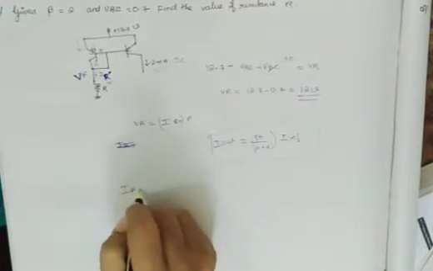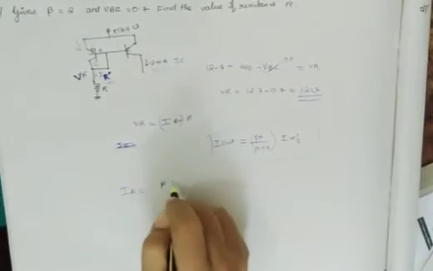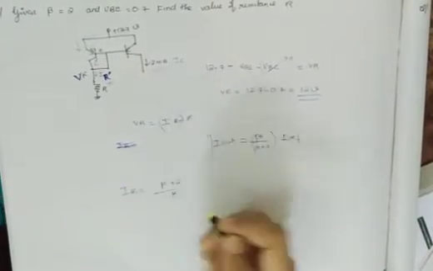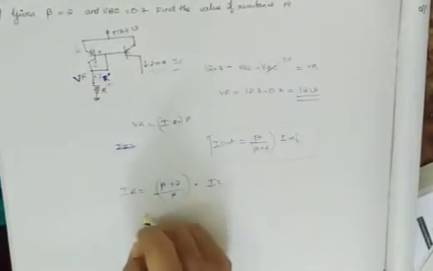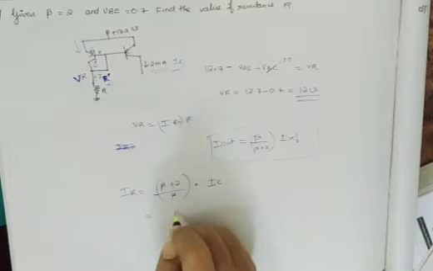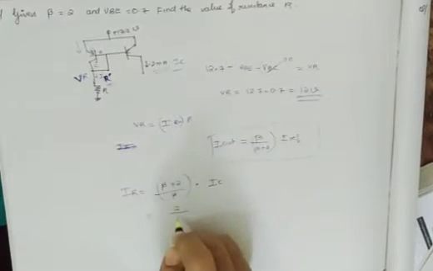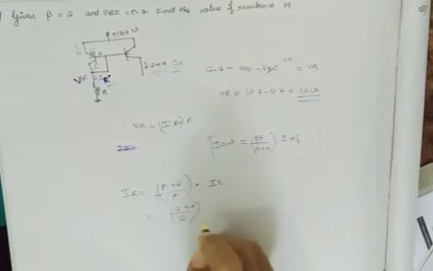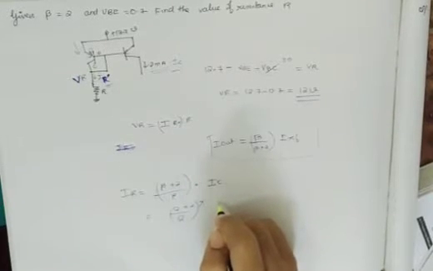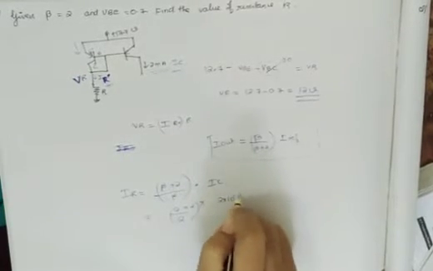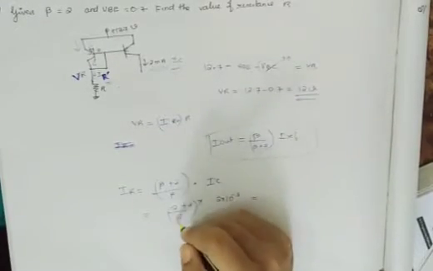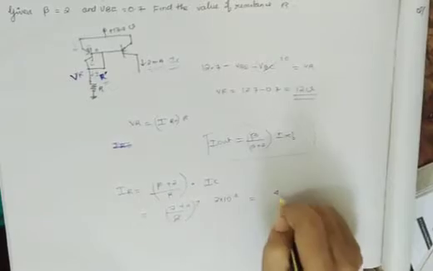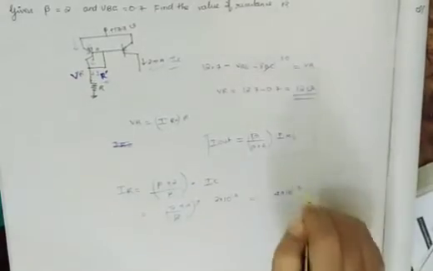So our IR equals beta plus 2 divided by beta into IC, that is our 2 milliampere. Beta is 2, so 2 plus 2 divided by 2 into 2 milliampere, which is given, equal to 2 and 2 cancel out, 4 into 10 raised to minus 3.